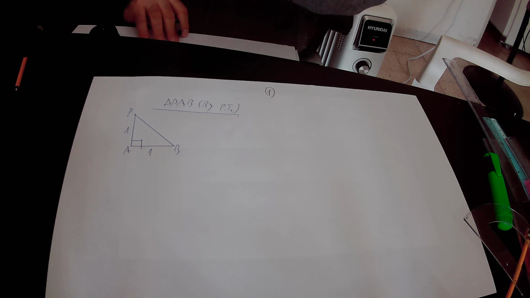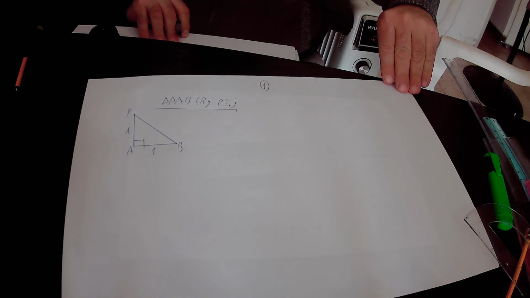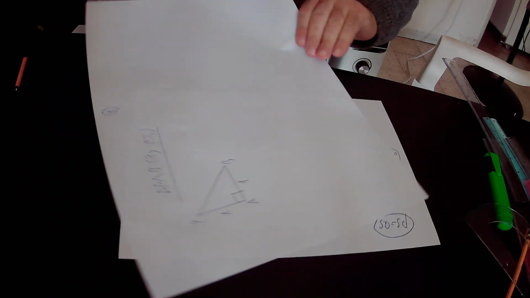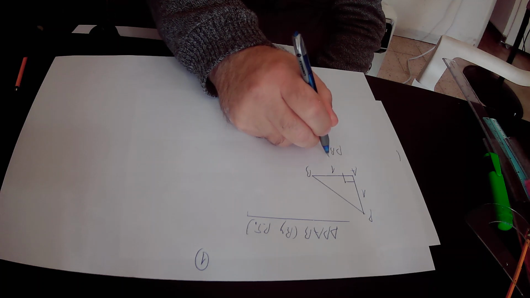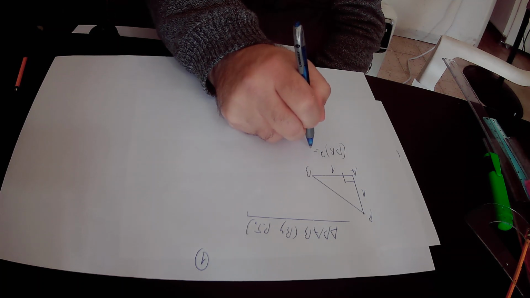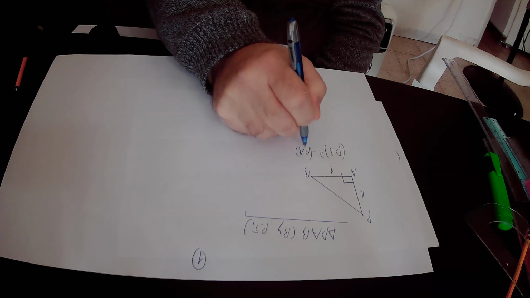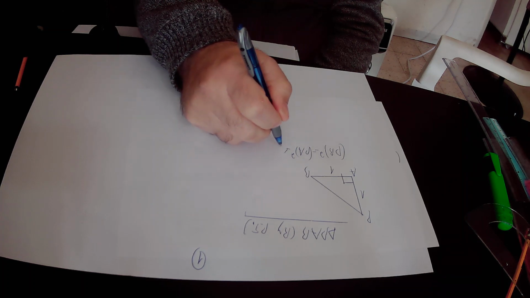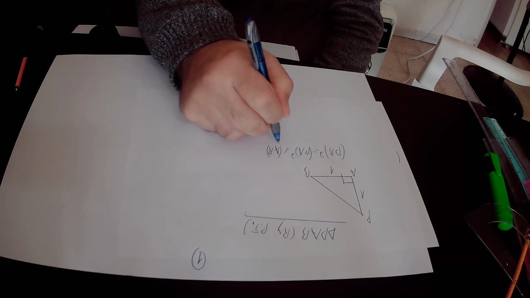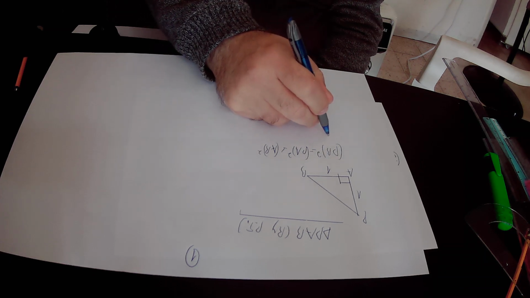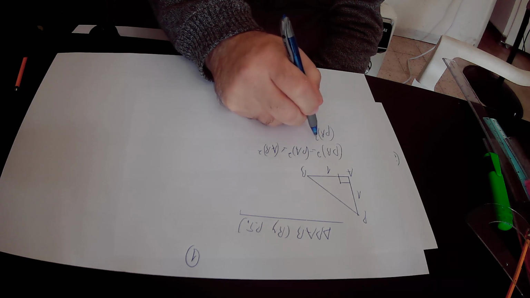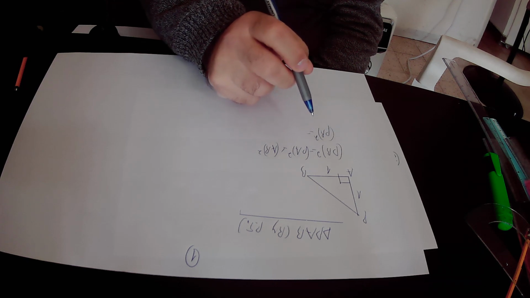According to the Pythagoras theorem, in this right triangle PAB, PB square equals PA square plus AB square. So PB square, that is the square of the hypotenuse, equals PA square.